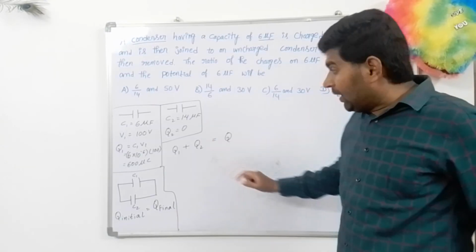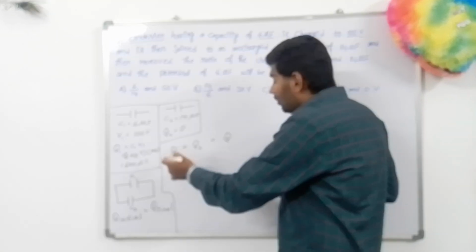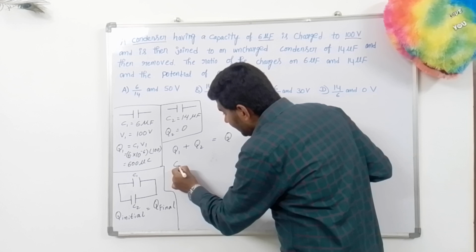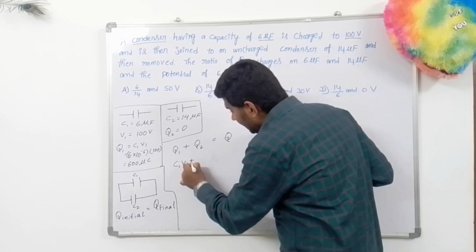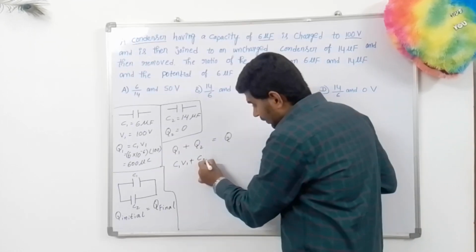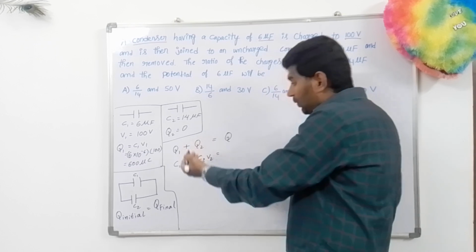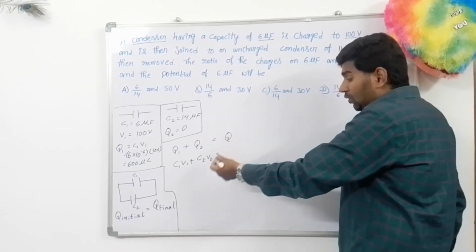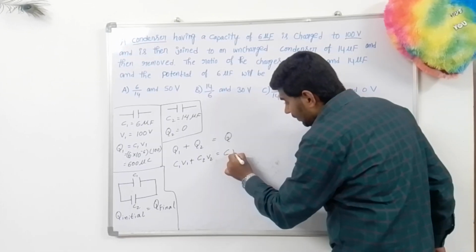It is clear? And we know that Q is equal to CV. I can write C1 V1 instead of Q1, C2 V2 instead of Q2. And what about Q? Total capacitance, I shall write C into V.